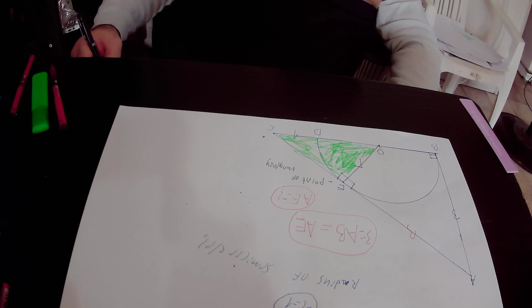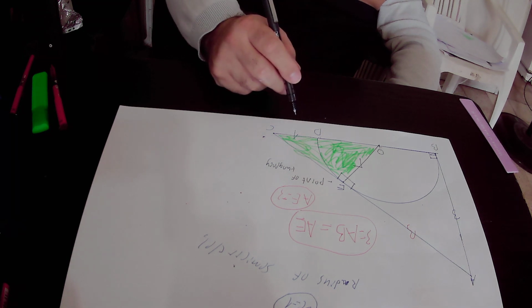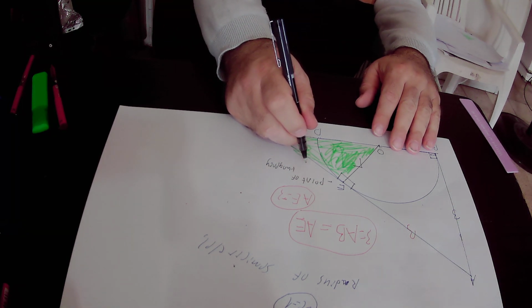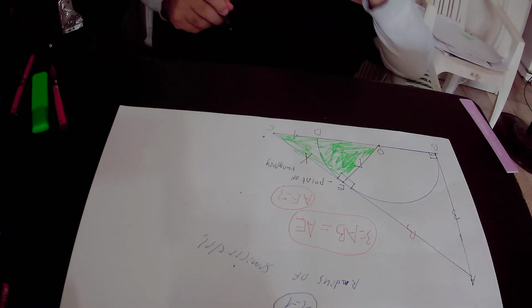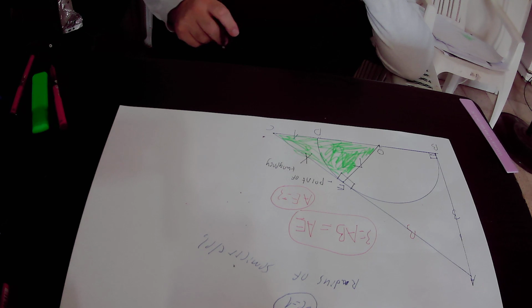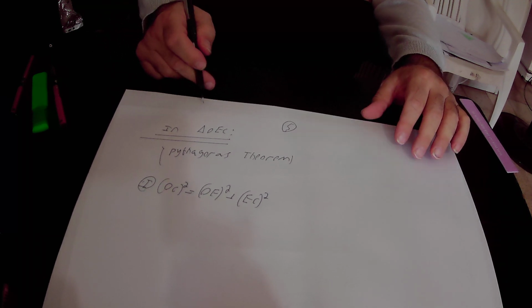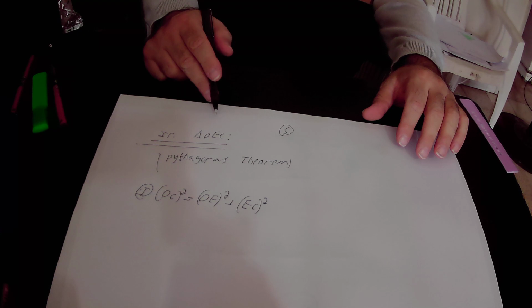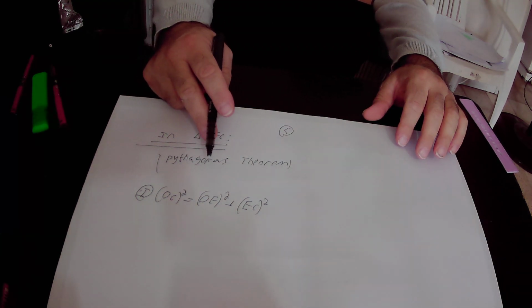We will define side EC of the green triangle as X, that is to say EC equals X units in its size. So I'll repeat again that according to the Pythagoras theorem, if we focus on the right green triangle, triangle OEC, OC squared equals OE squared plus EC squared.